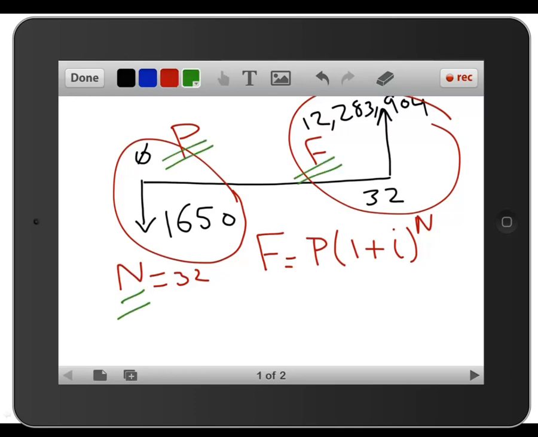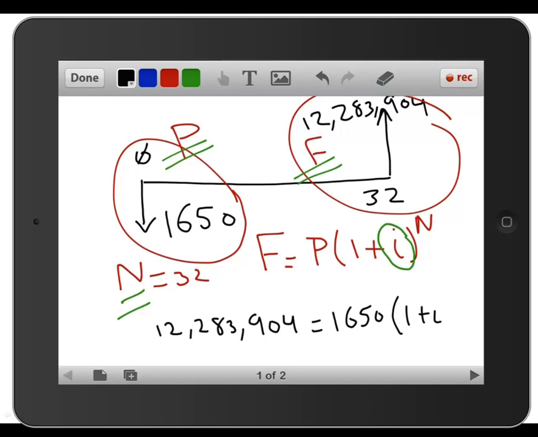All I'm missing is the i value. Having this information, we can substitute, and 12,283,904 will equal $1,650 multiplied by (1 + i) to the power 32.